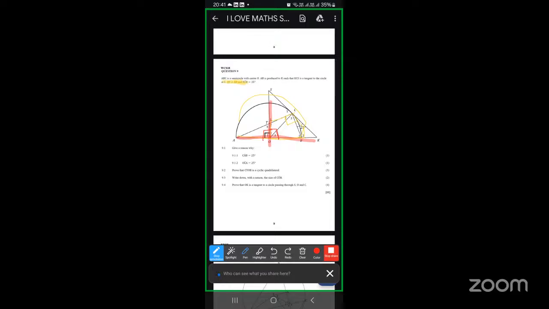So you can conclude that the sum of angle TOB plus angle TCB, 90 plus 90, gives us 180 degrees. Therefore, we can conclude that this is a cyclic quadrilateral because these opposite angles gave us 180 degrees.